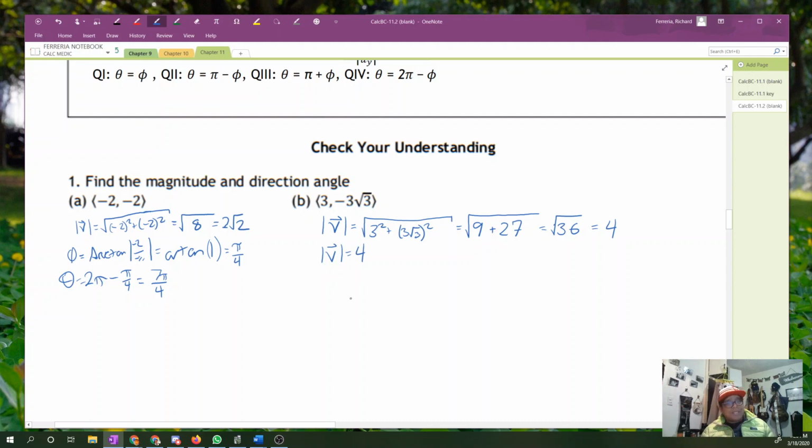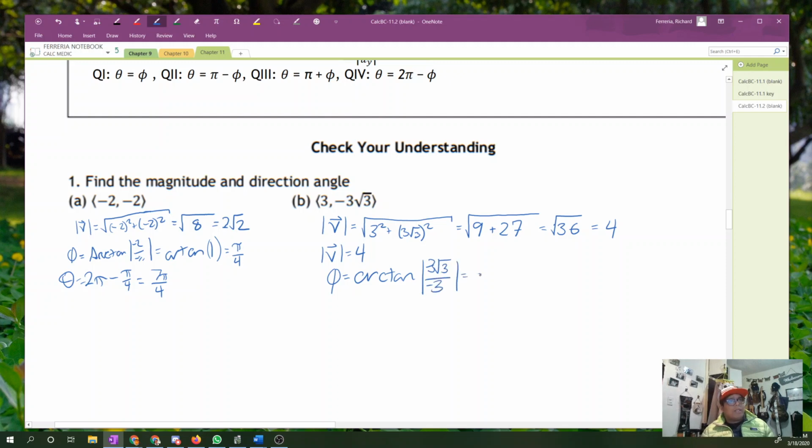Okay. Lastly, for this problem, we're going to get the direction angle. So for our direction angle, we get first our reference angle, phi equals arctan of the y-coordinate, -3 root 3, over the x-coordinate, -3.